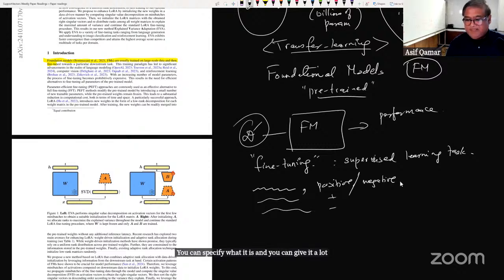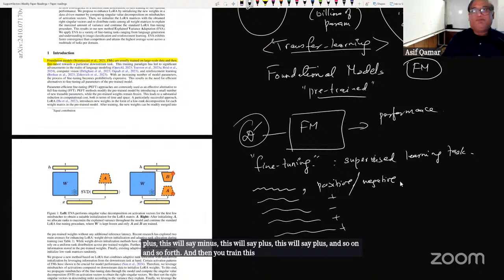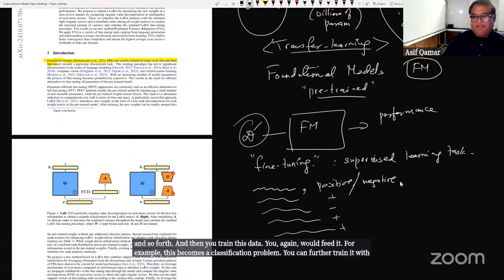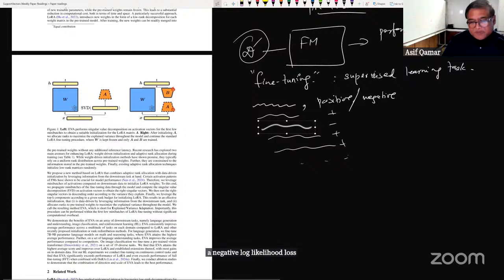This will say plus, this will say minus, this will say plus, this will say plus, and so on and so forth. And then you train on this data. For example, this becomes a classification problem. You can further train it with a cross entropy loss, for example, a negative log likelihood loss. And then what you have is finally a model that now serves well, or that is the theory.